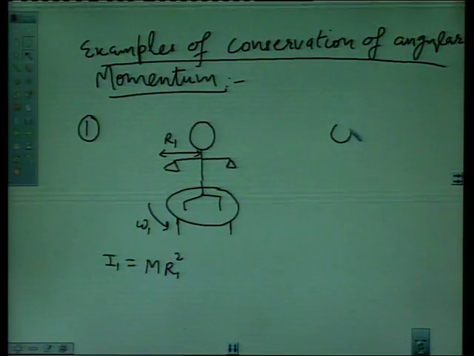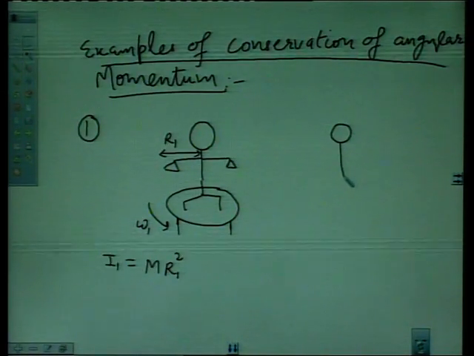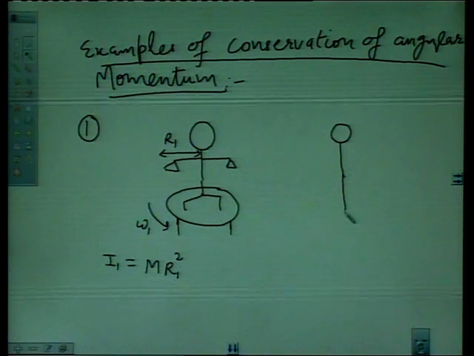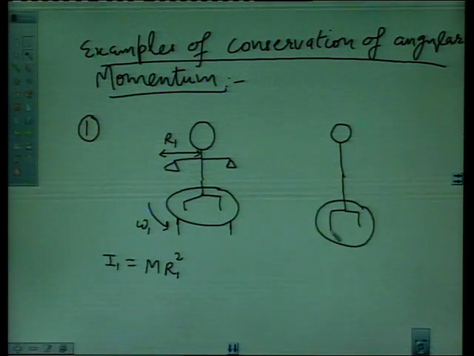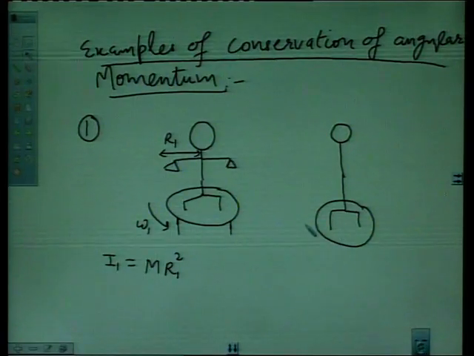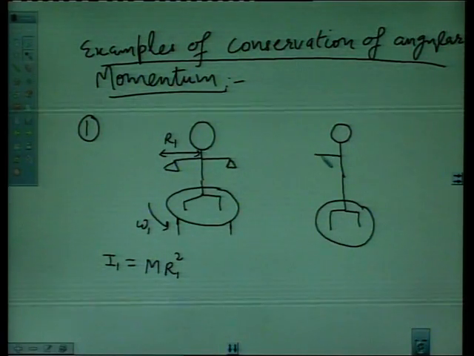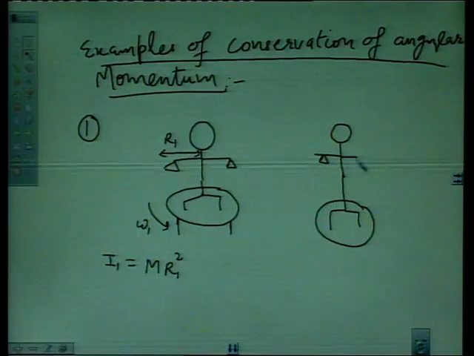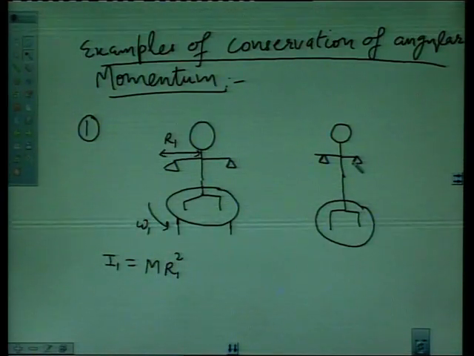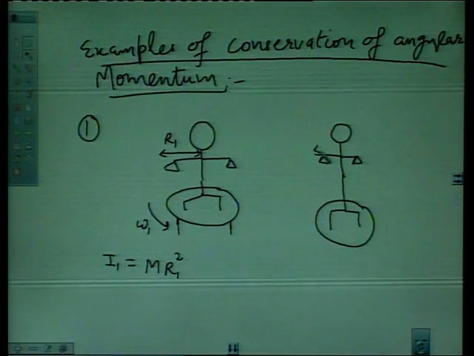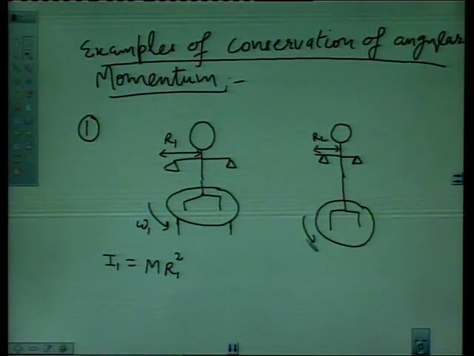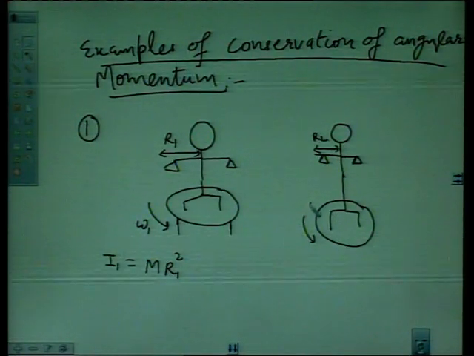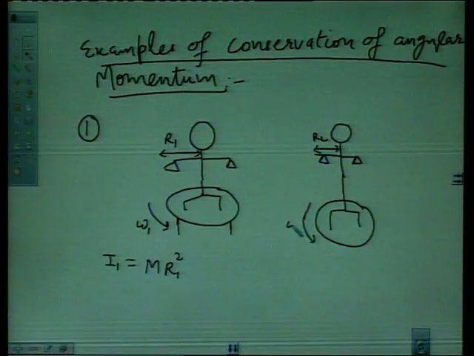So, another case of it is in another diagram. Let us draw some. Now, if he stretches his hands inwards, then its radius of gyration is r2 and its angular velocity is changed from omega 1 to omega 2.